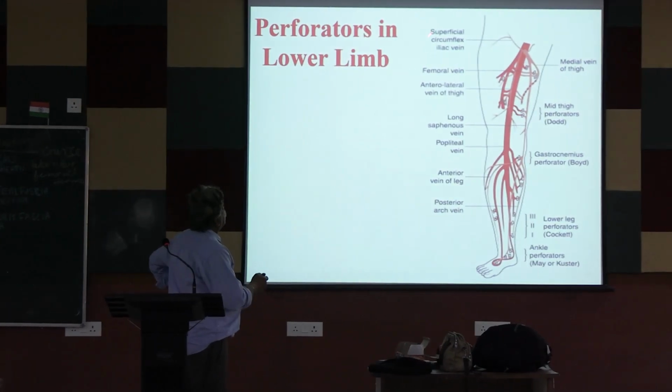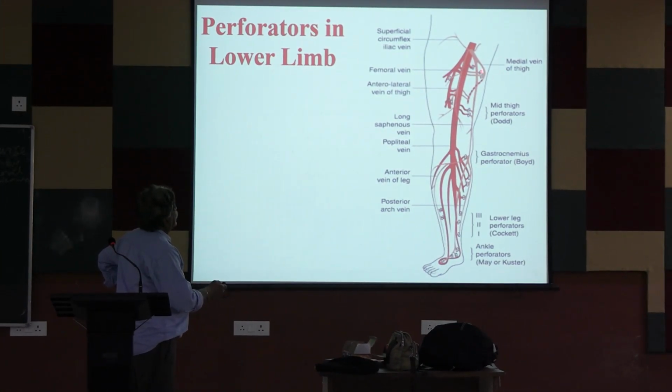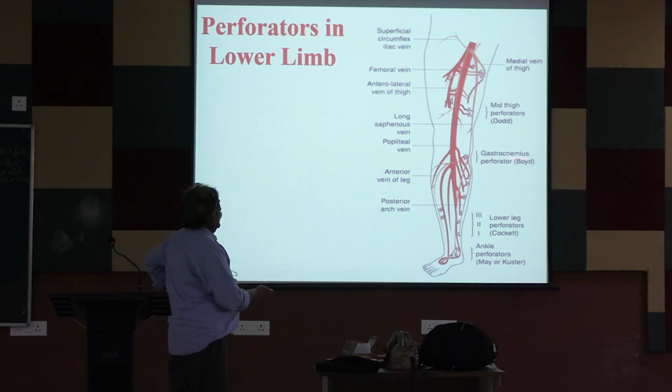Now see the superficial circumflex iliac, the medial vein of the thigh, femoral vein, this thick femoral vein here of the thigh, long saphenous vein, popliteal vein, anterior vein of the leg, gastrocnemius or perforator void.